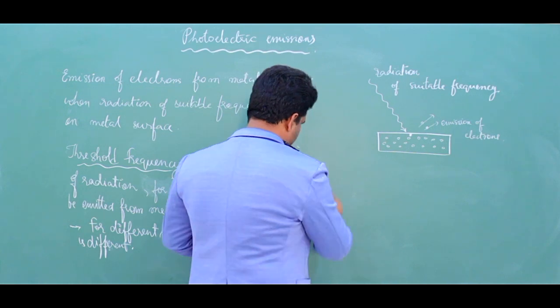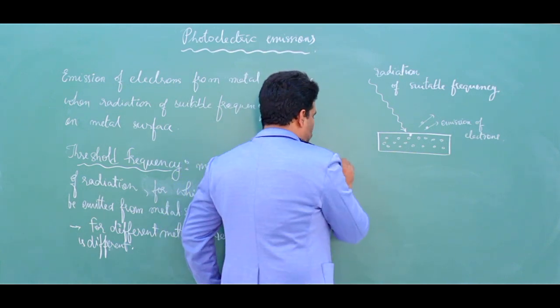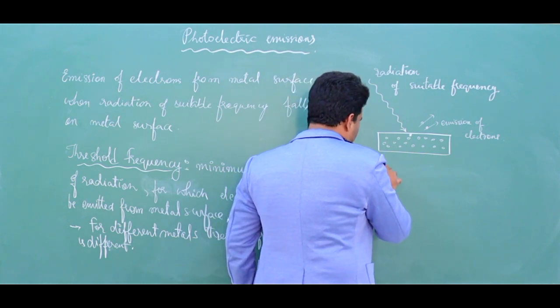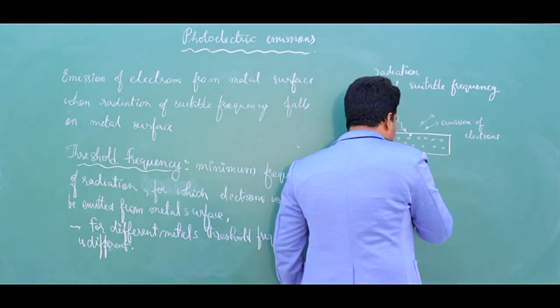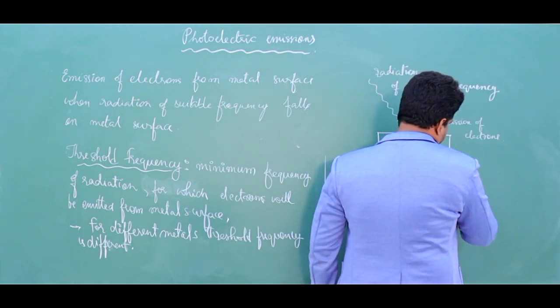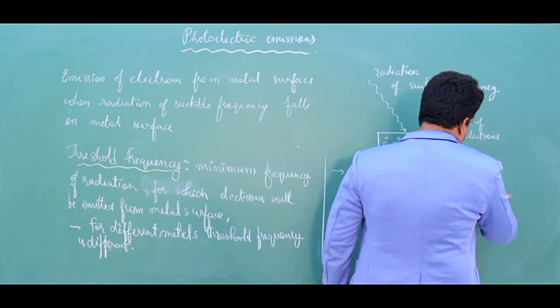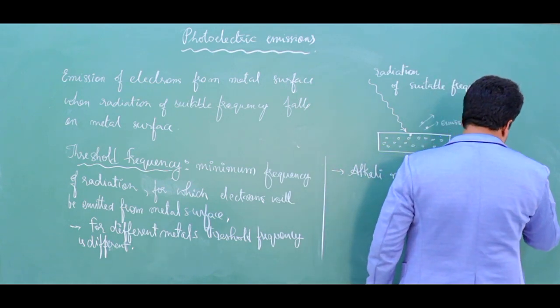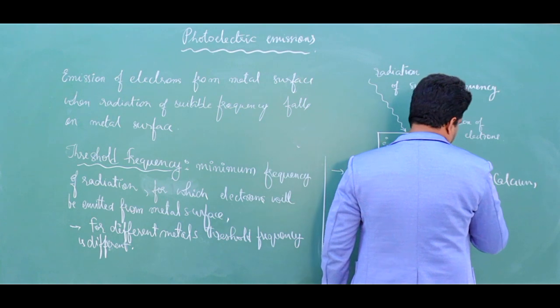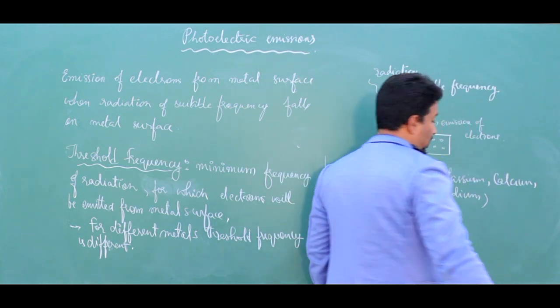I want to give two important points to be noted. So there are alkali metals. These are the basic metals like potassium, calcium, sodium. Okay.